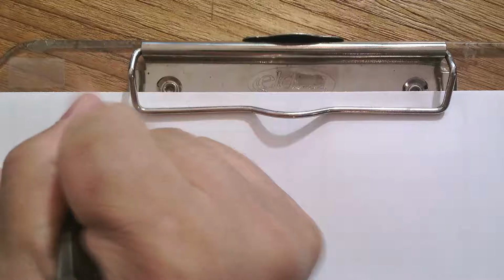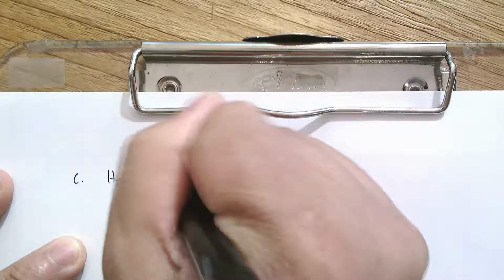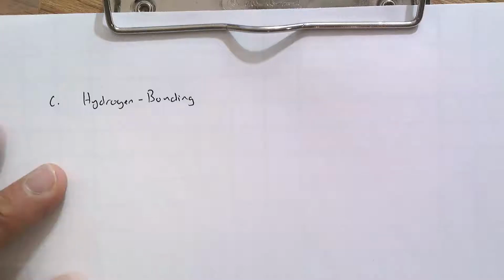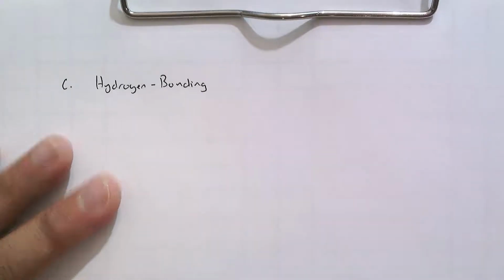This letter C, hydrogen bonding. Now the definition can be a little bit wordy because it's very specific.